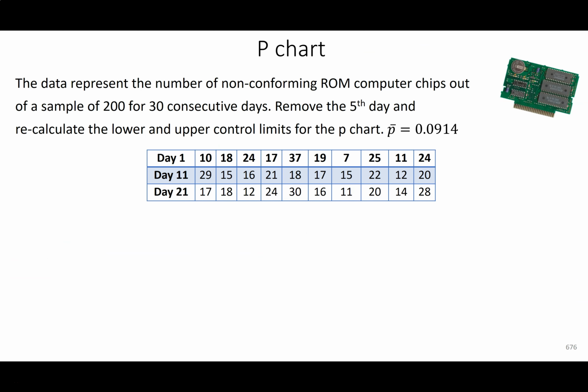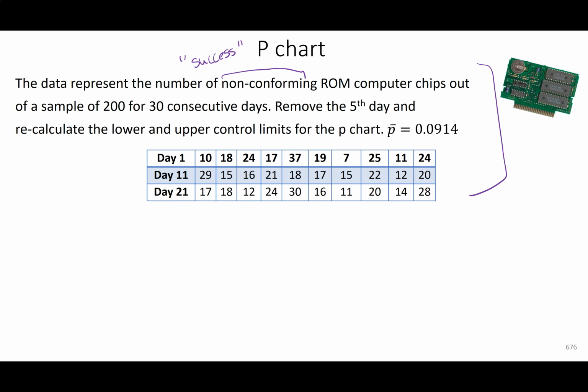Okay, so these data here represent, if you took a peek at the P chart on the previous page, the number of non-conforming. It's weird, but this is what we called a success. It's more like, hey, is it present? ROM computer chips out of a sample of 200 for 30 consecutive days. So day 1, we take a random sample of 200 ROM computer chips, count how many of them are non-conforming, and do this for 30 days.